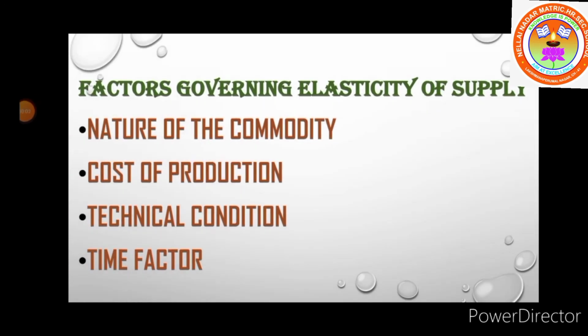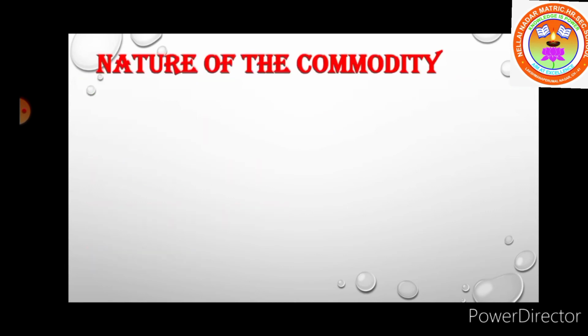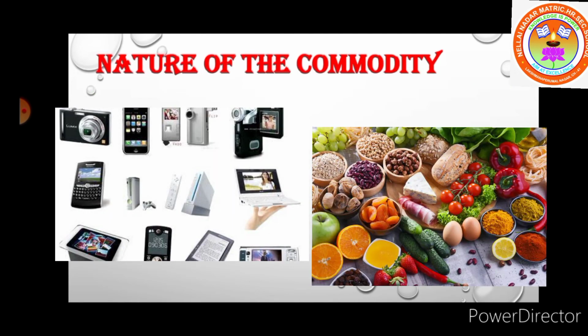Next, let us see factors governing elasticity of supply: nature of the commodity, cost of production, technical condition and time factor. Let us see them one by one in detail. Nature of the commodity. Durable goods can be stored for a long time, so the producers can wait until they get a high price.